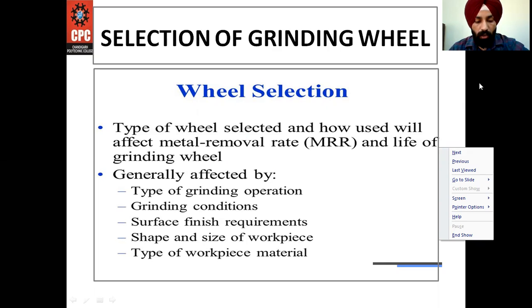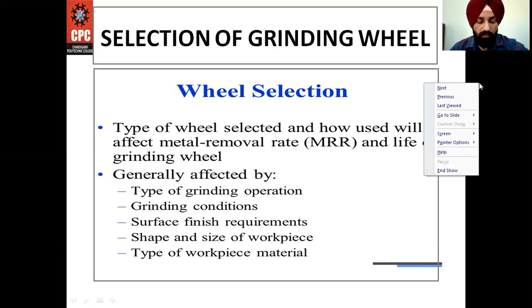The need for a guide on grinding wheels is clear, and the Indian Standard gives a recommendation which guides the selection of grinding wheels for different applications.